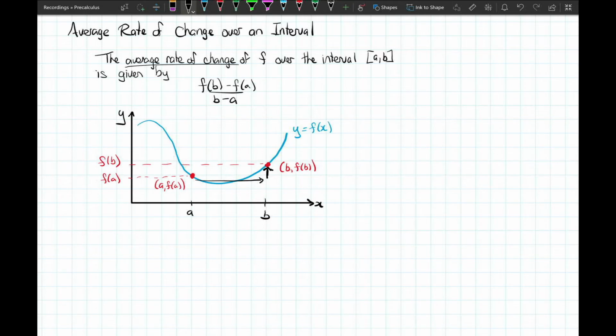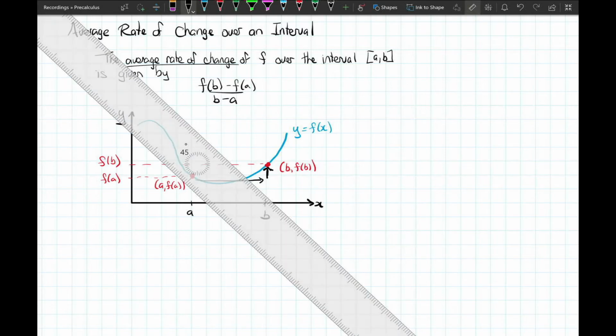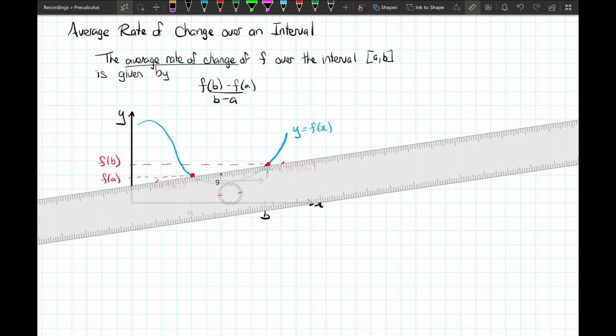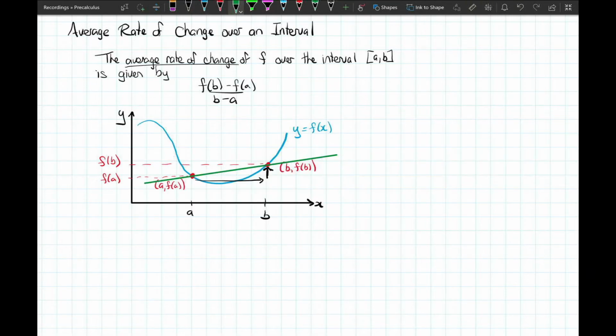And that is essentially just the slope of a line connecting those 2 points. So if we were to connect these 2 points here with a line segment, we could continue that line segment even off further if we wanted. We would just call that a secant line. And a secant line is a line that connects 2 points on the same function. Now we can see that the slope of that line is also the same formula as average rate of change.